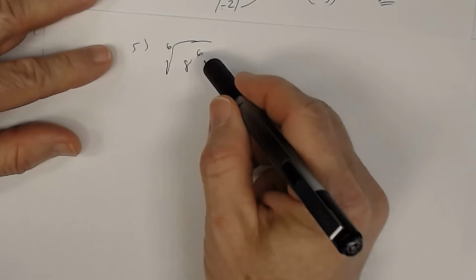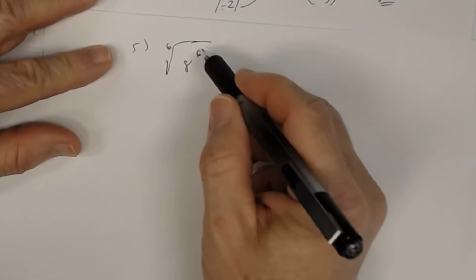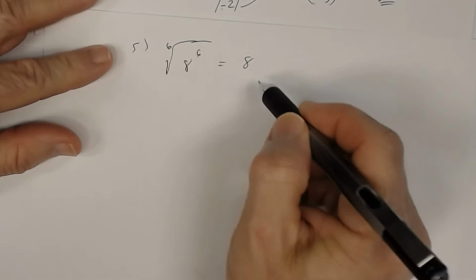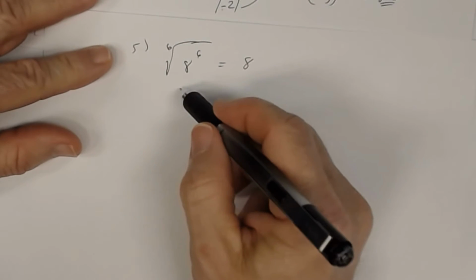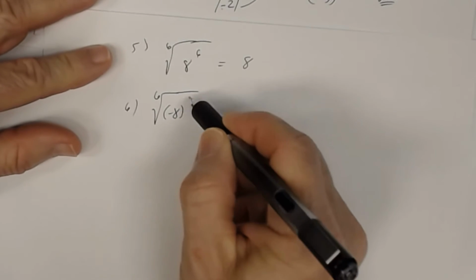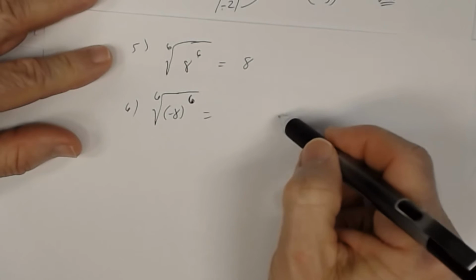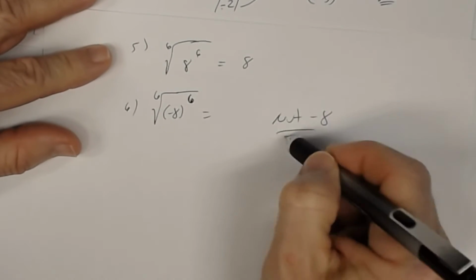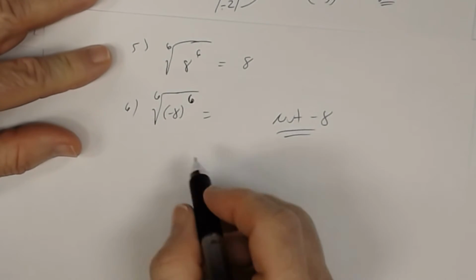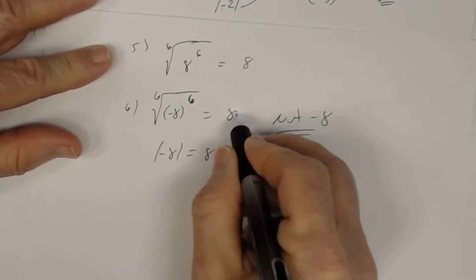So a positive number raised to an even power is positive. And so the sixth root of a positive number is positive, so it's just 8. If I have the sixth root of negative 8 to the 6, it's not negative 8. Don't say negative 8. It's the absolute value of negative 8, which is 8.